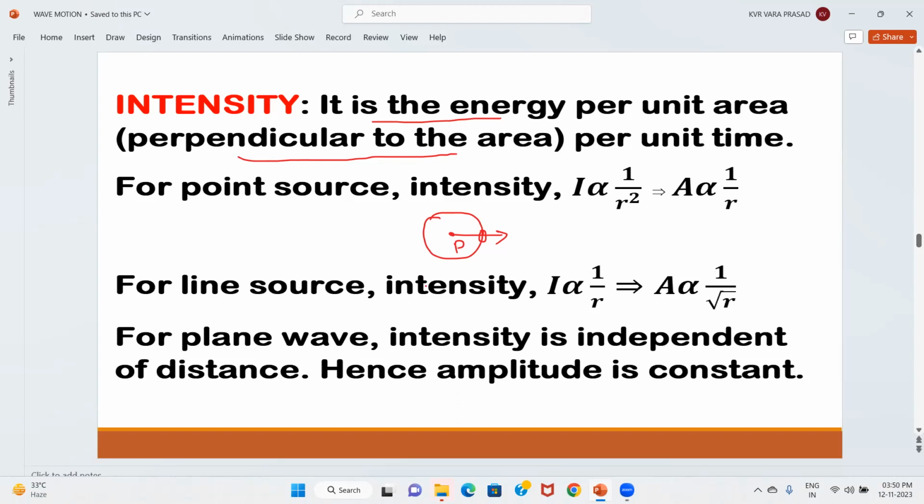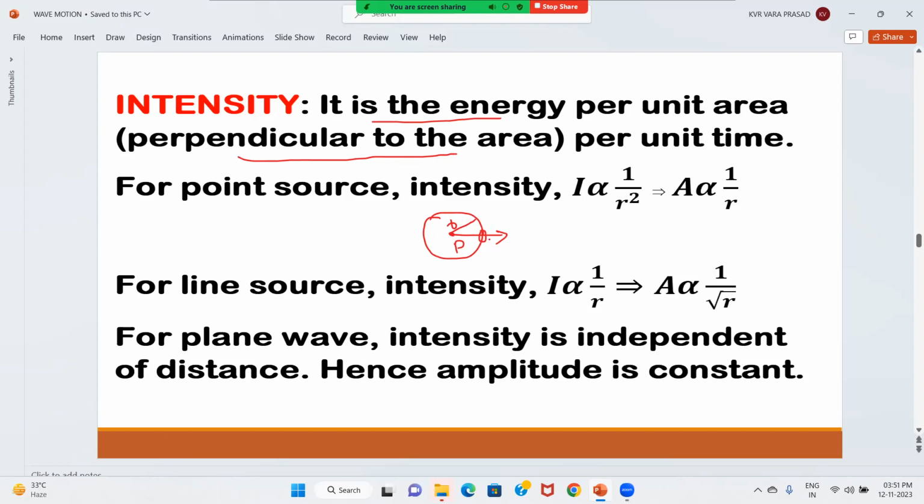If you take this sphere, let us say radius equal to r. We have taken the point source at the center of the sphere. This energy spreads uniformly on the entire surface of the sphere. I am repeating, the energy which is coming from the source distributes uniformly on the surface of the sphere.